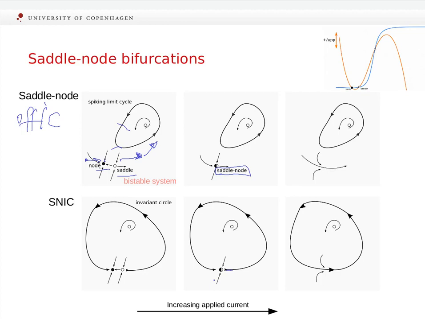This can also be regarded as spiking at infinitely small frequency, because we start here, produce a spike, and end up in here.